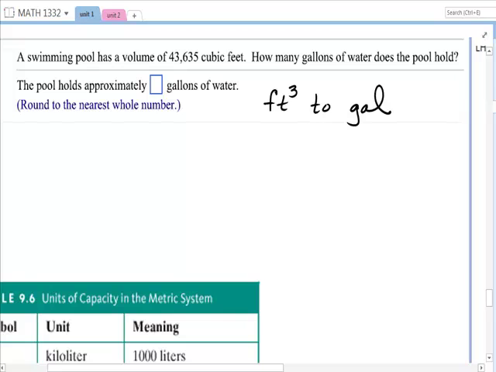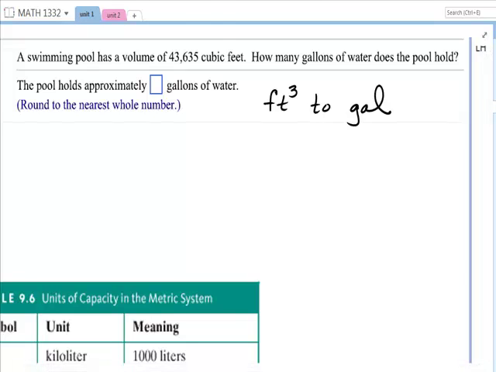It's not on the first sheet of your handout, it's on the second sheet up at the top. 1 cubic foot is about 7.48 gallons, so it's there. Does anybody need to do that one? We've done one kind of like it, I think.